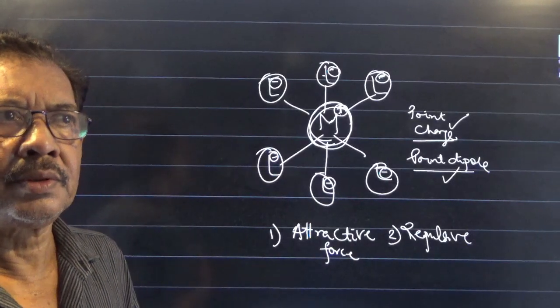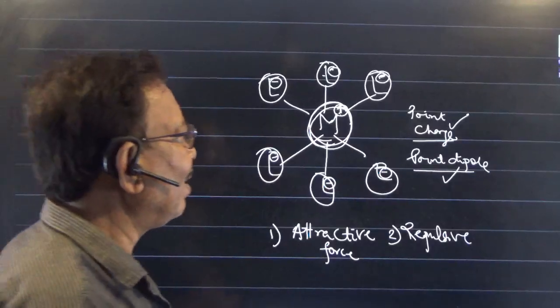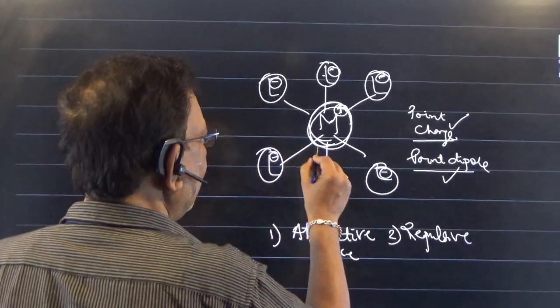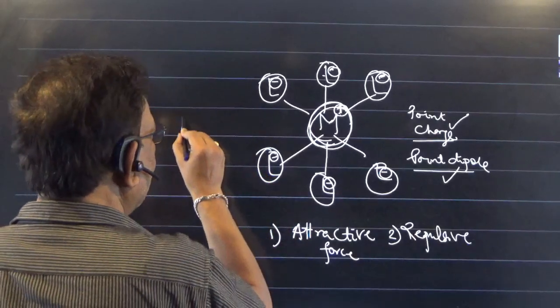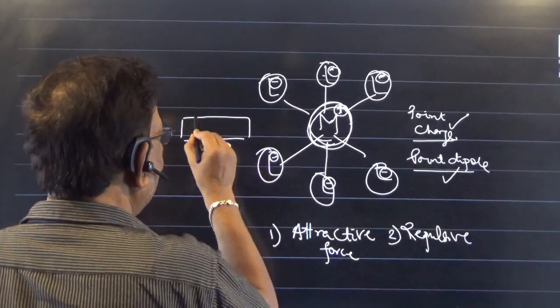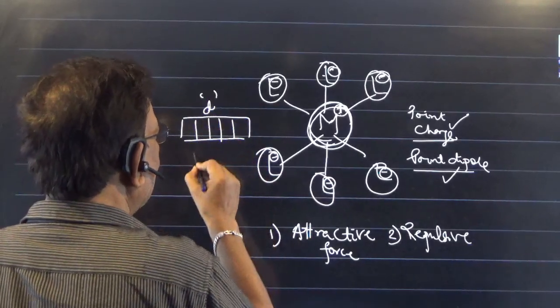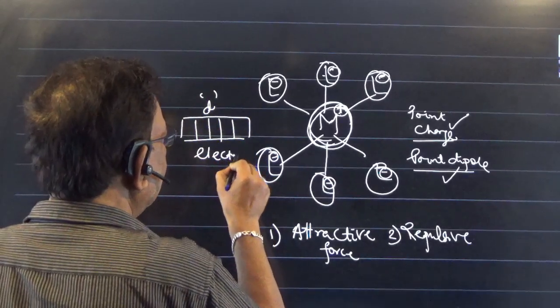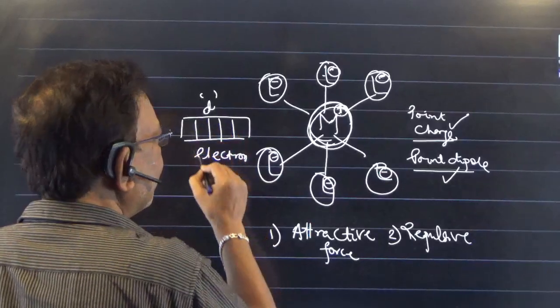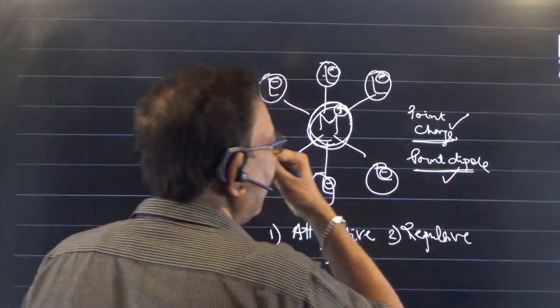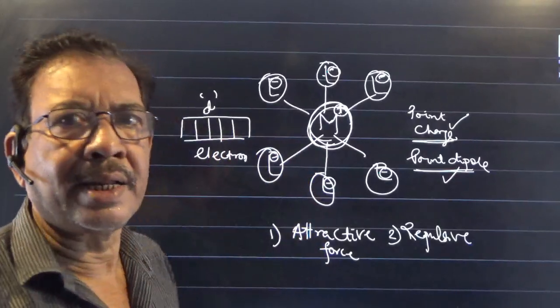Not between the ligands. It is between the d electrons of the metal. The d electron is negatively charged, and the ligand is a point charge or point dipole. Among them, there is a repulsion.